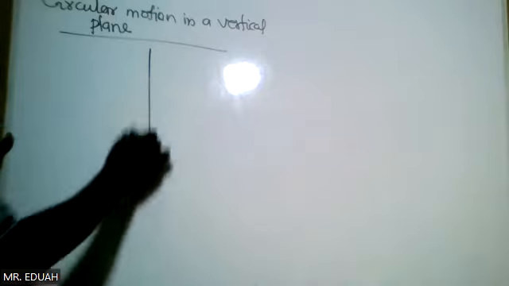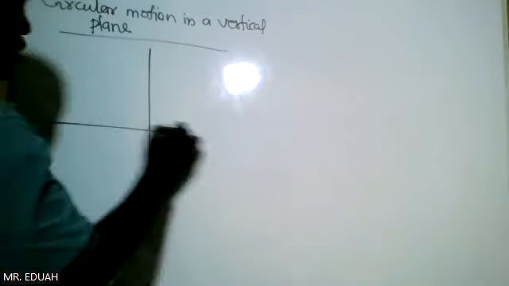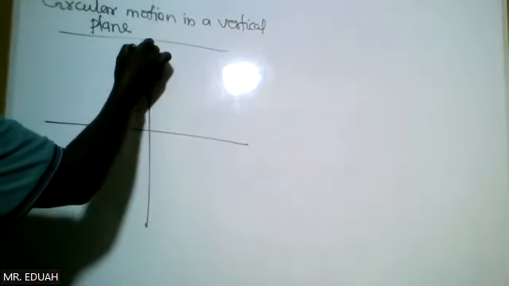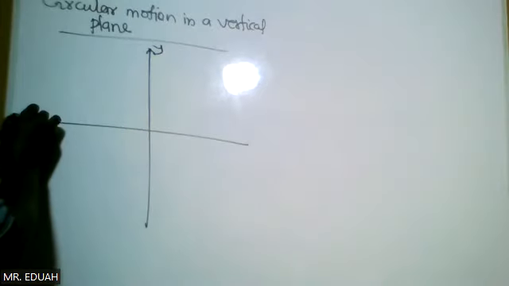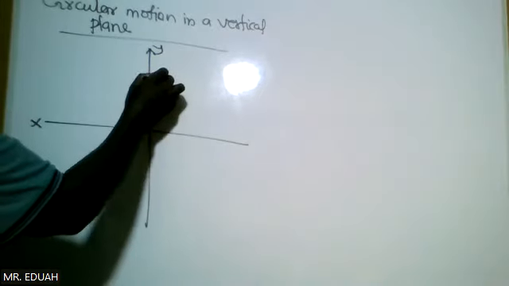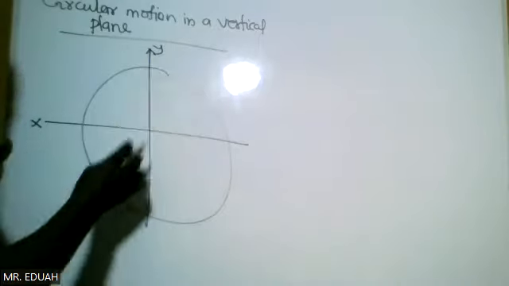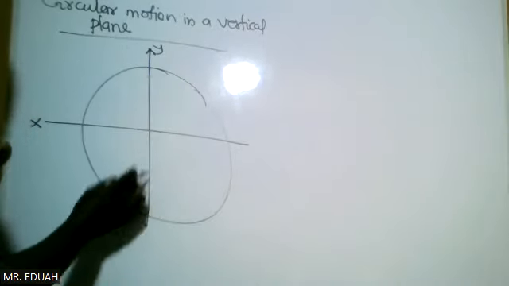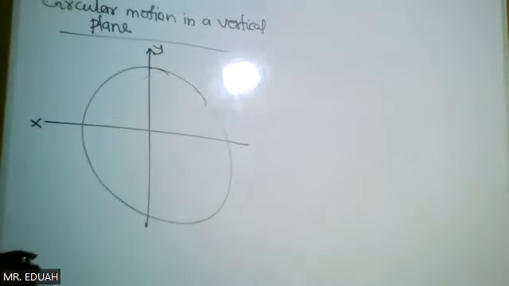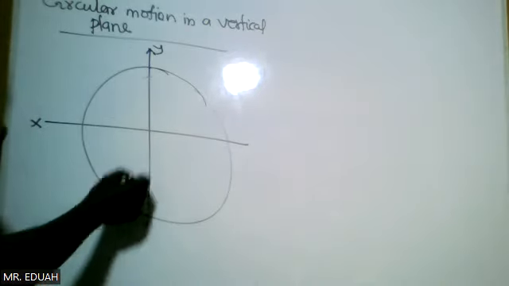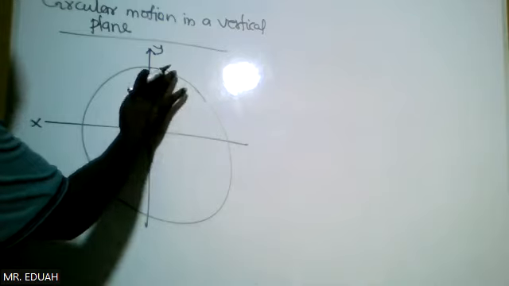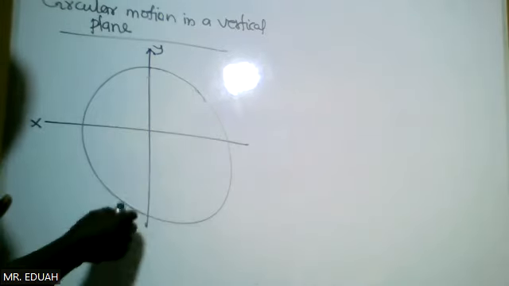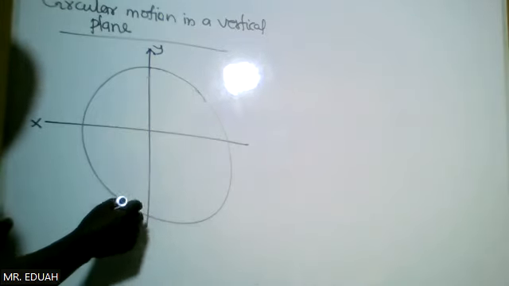So this is the X, Y axis. The circular motion is occurring along the vertical plane, as we have here.